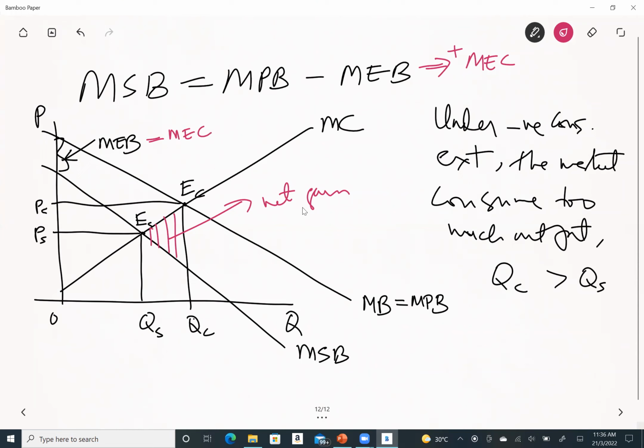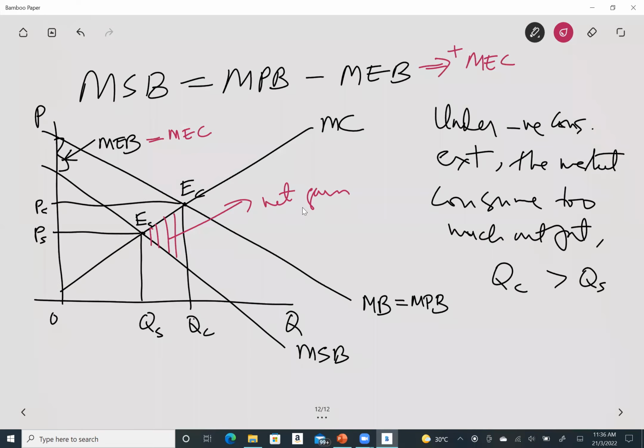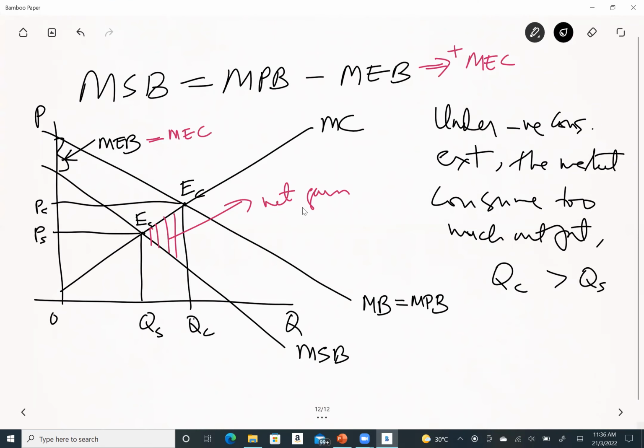Okay. So you see the area here, the whole area. Let's say this whole area here, this whole area in black. We call this ABC, EC. So ABC, EC is the external cost.